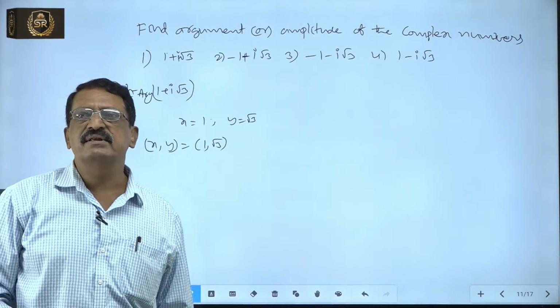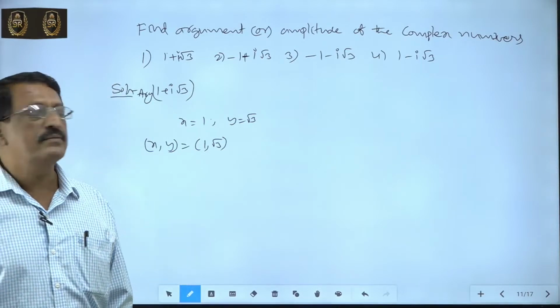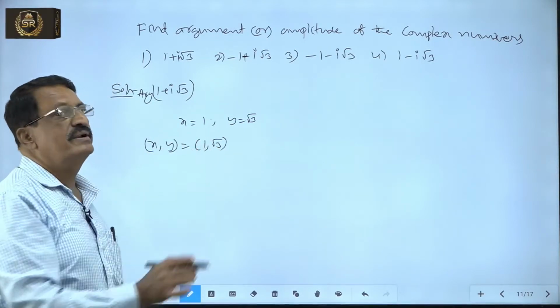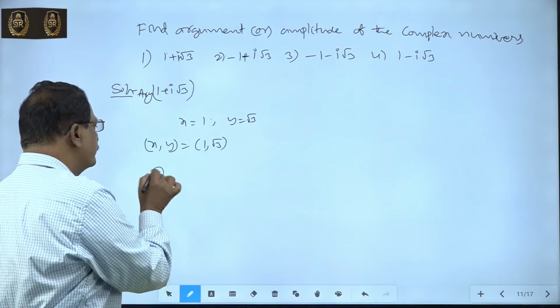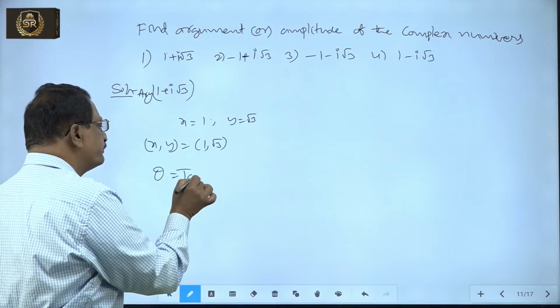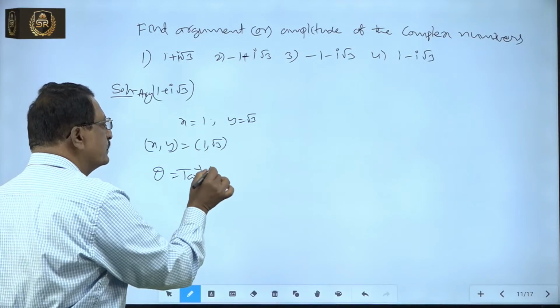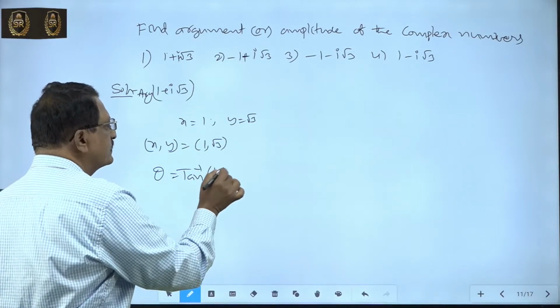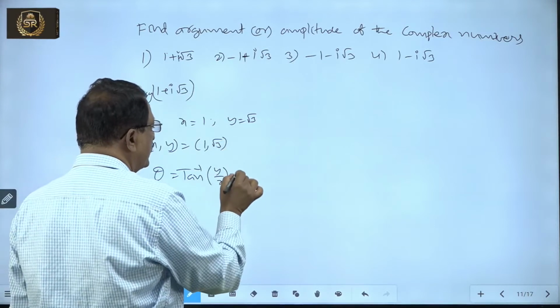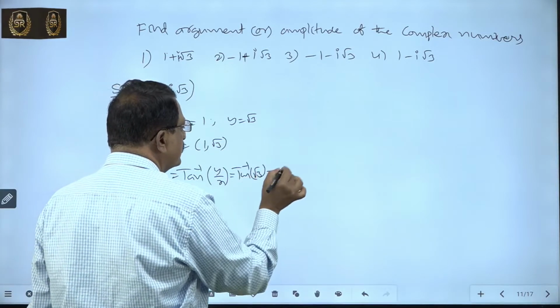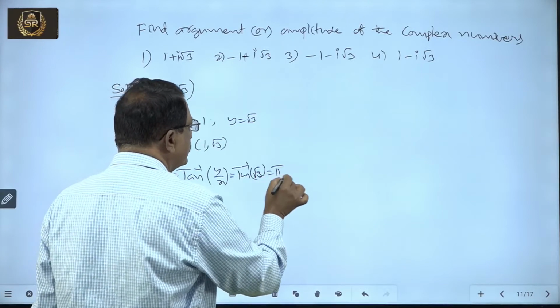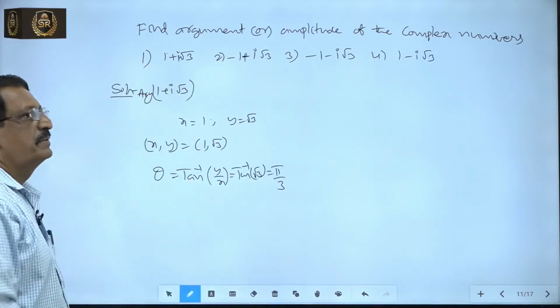Now it lies in the first quadrant, because both x and y coordinates are positive. Now theta equals tan inverse y by x, that equals tan inverse root 3, that equals pi by 3, 60 degrees.